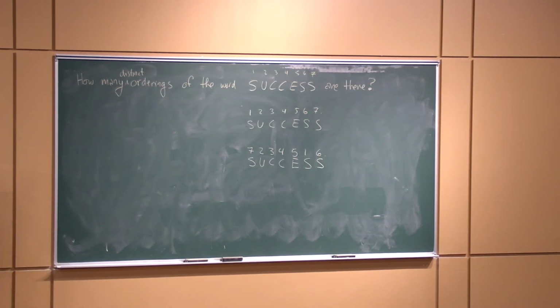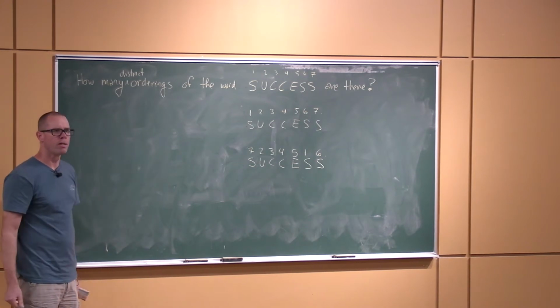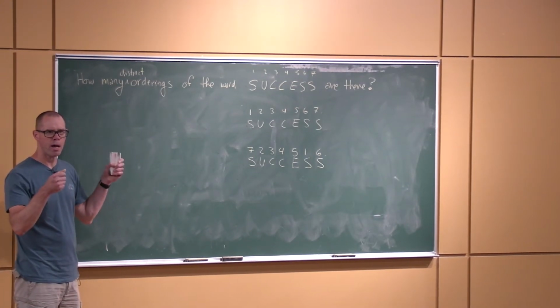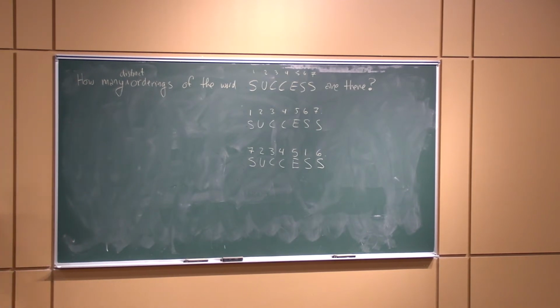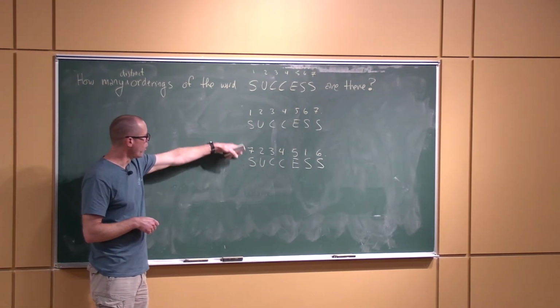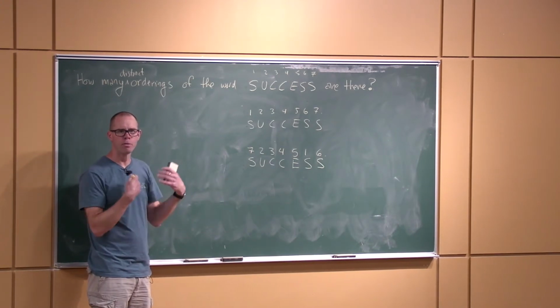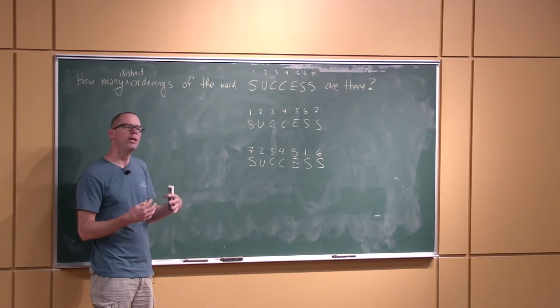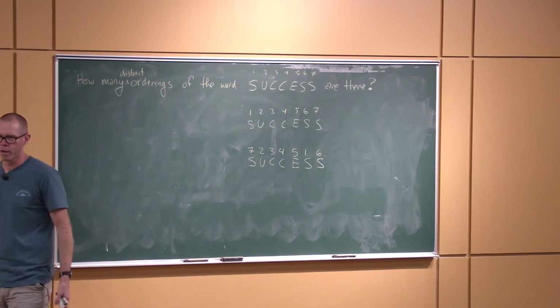So one way to do it is to try and eliminate symmetries, which is you say, okay, I'll look at all the 7 factorial permutations of this thing, and maybe I'll be able to show that actually every word here is generated exactly the same number of times by these permutations, and then you'll get an answer like 7 factorial divided by the number of times each word appears.